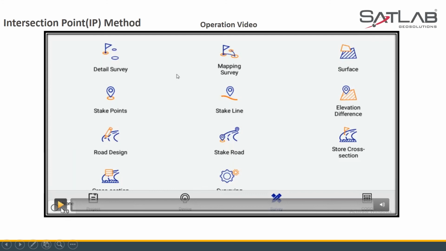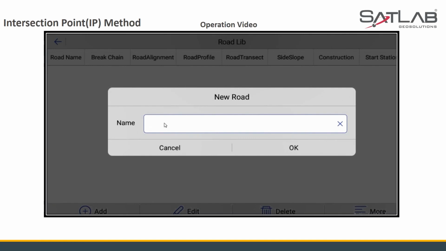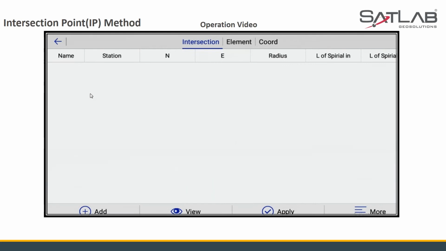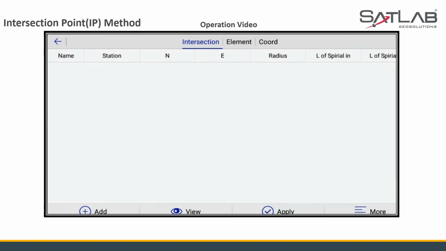As you can see, this is our previous version, and this is our new version of Satsurv, where you can simply use the spiral parameters. If you're designing roads in the software, you might know there is a big difference in this part, and we now have the parameters.